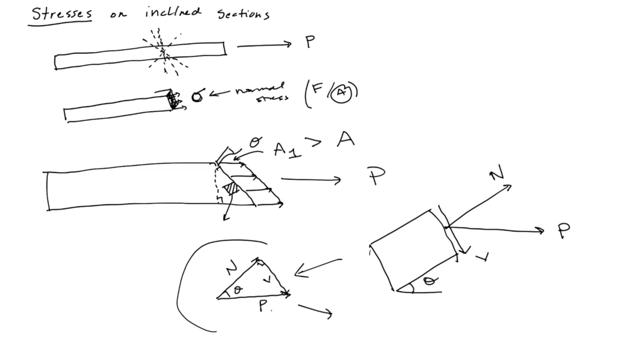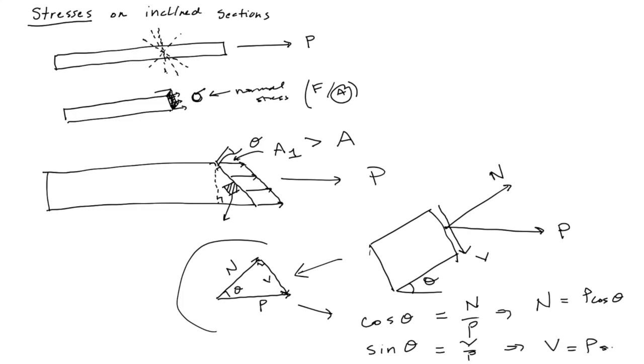And now we know that cosine of theta has to be equal to N over P, and sine of theta has to be equal to V over P, which means now that N is equal to P cosine of theta, and V is equal to P sine of theta.